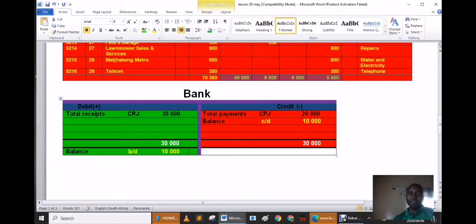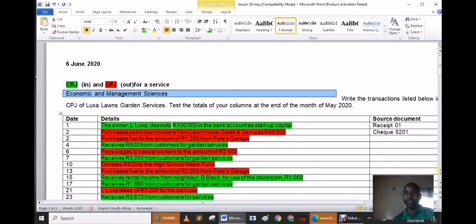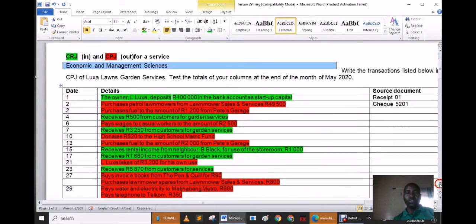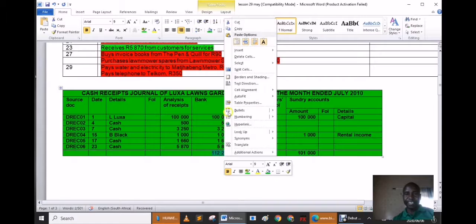So let us check here our figures. I don't want these figures. I'm going to check figures that I'm going to get from our current balances. So how much did we have in our CRJ bank column? We had 112,208.